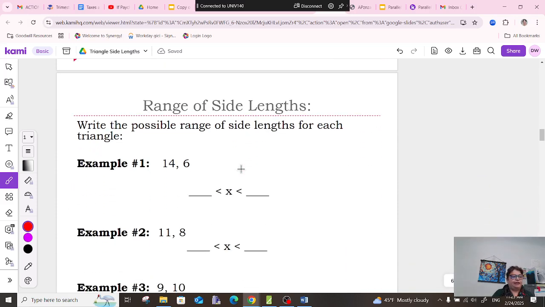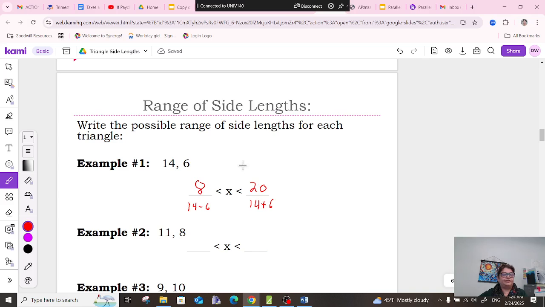So, example 1. To get the minimum, you subtract. What is 14 minus 6? 8, right? Okay, what is 14 plus 6? 20.